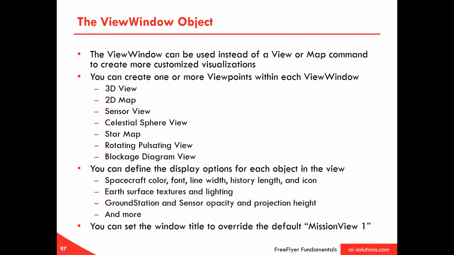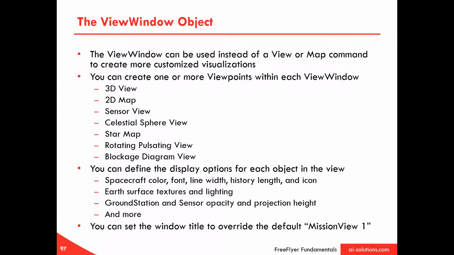Let's talk in some more detail about the view window object. As I mentioned, the view window can be used instead of a view or map command to create more customized views. Every view window object that you create can contain one or more viewpoints. Not only can you create 3D view and 2D map viewpoints, but you can also create sensor viewpoints, celestial sphere views, and star map views, as well as rotating pulsating viewpoints and blockage diagram views.